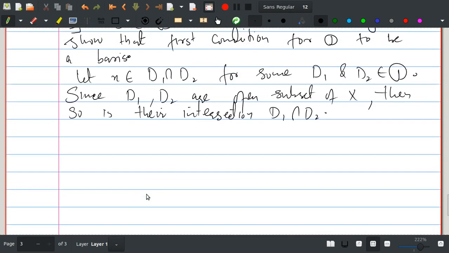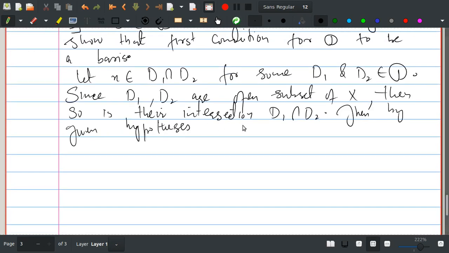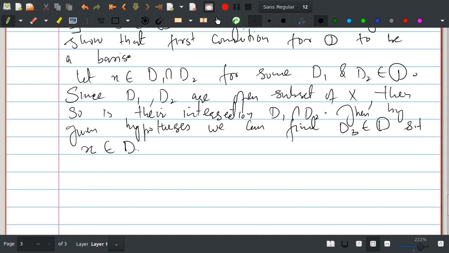So then by the given hypothesis, we can find D3 in fancy D such that x is in D3 and this D3 is in this open set.